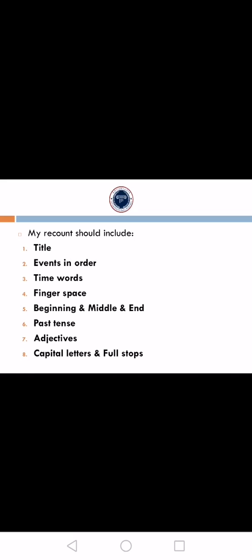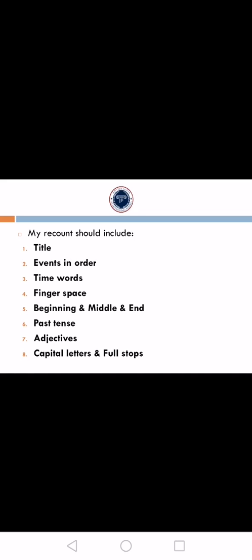And as we said before, we have to use finger space. Like before I start my paragraph, I have to leave a finger space. My words do not have to be sticking together. I have to leave also one finger space between the words.